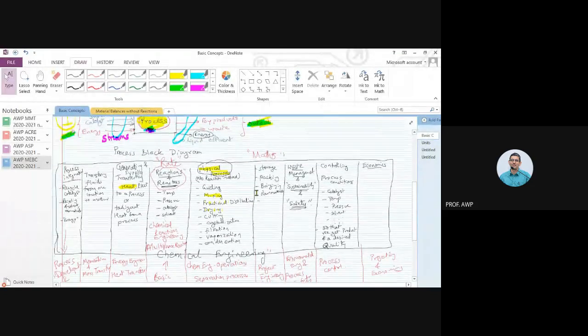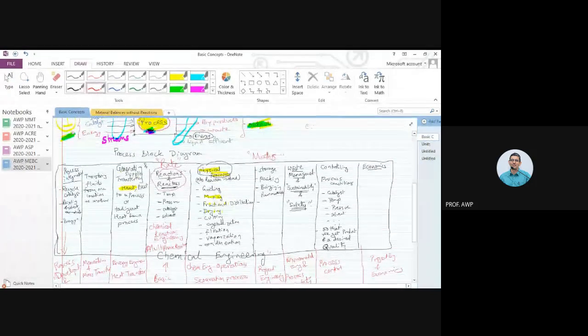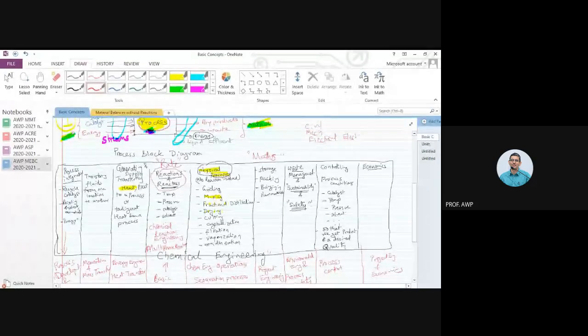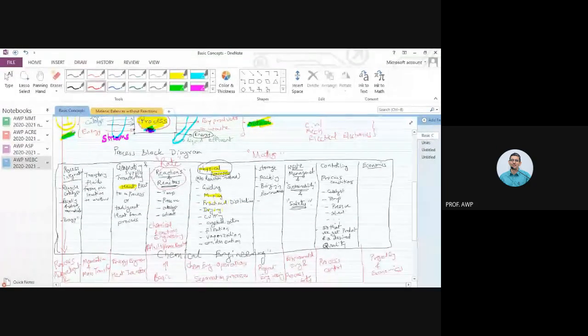You need the general engineering courses like civil, mechanical, electrical, instrumentation, so electronics. All those basic engineering courses are required, because they are going to govern all these various steps, various categories that we made.